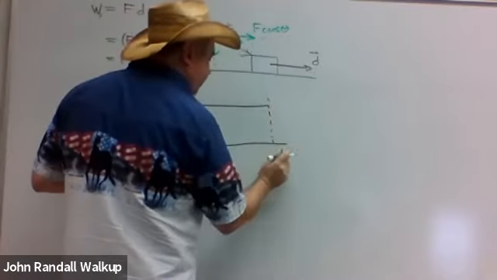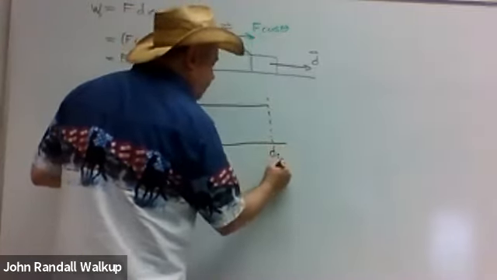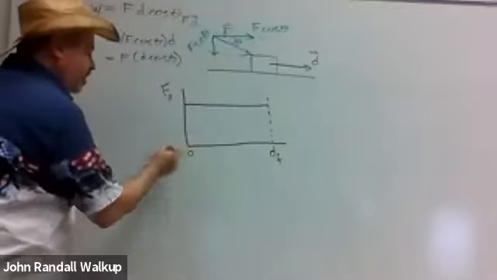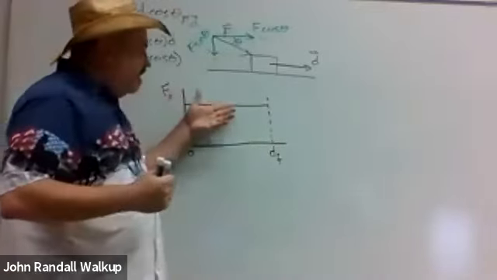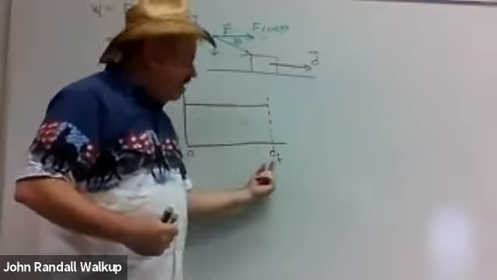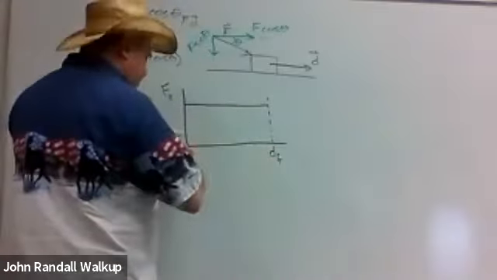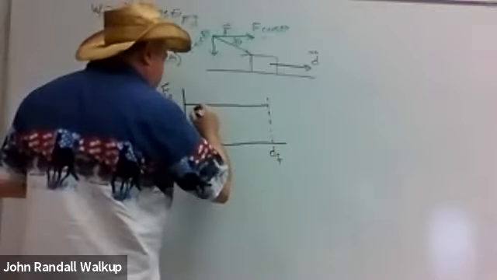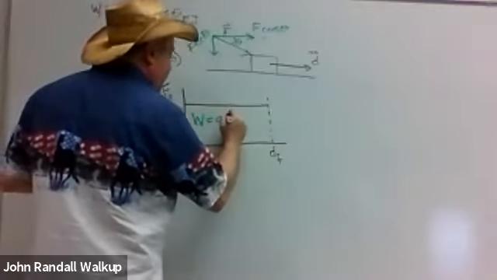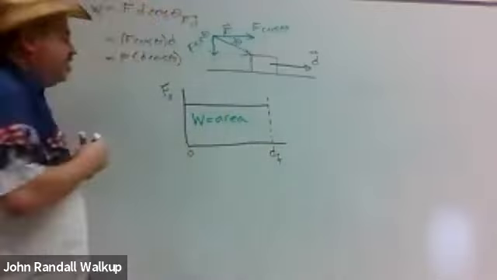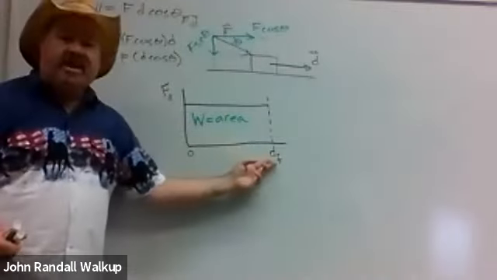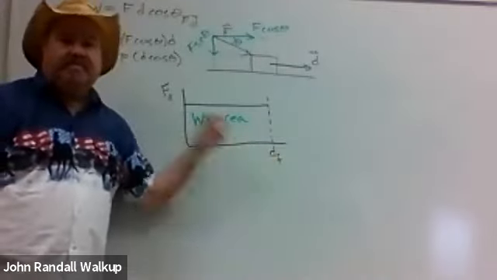So let's say that this is D final. It starts at 0, and this force is applied on the body all the way through D final. What's this F parallel times D? It's the area under the curve. So the work is the area under the force versus the displacement curve.